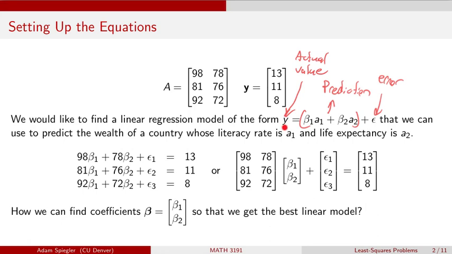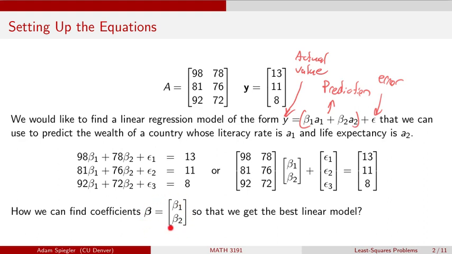And the second question you might be asking is, where did this formula come from? There are all sorts of different types of regression models that we can use, but so that we can connect this back to the linear algebra concepts that we've been doing, that's why I chose this model initially.